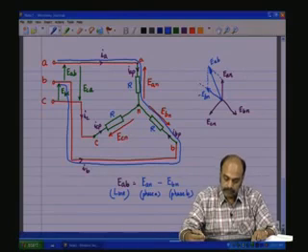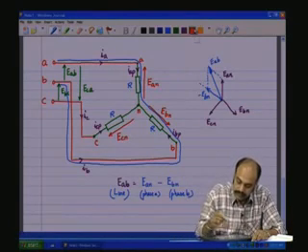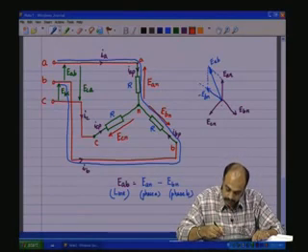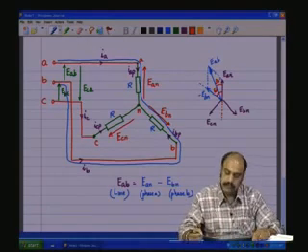Okay, let us have a look at the angles. So, we see that this angle is 120 degrees, and if we extend this, this angle would be 60. So, if this angle is 60 degrees, this angle will be half of that, which is 30 degrees.